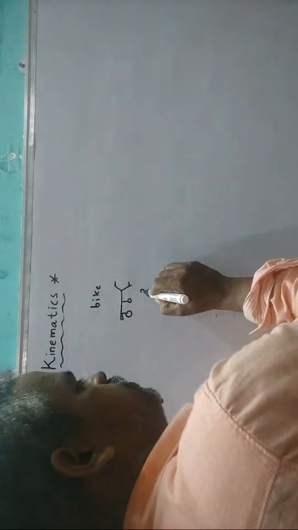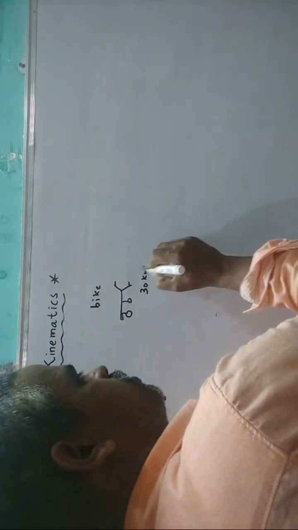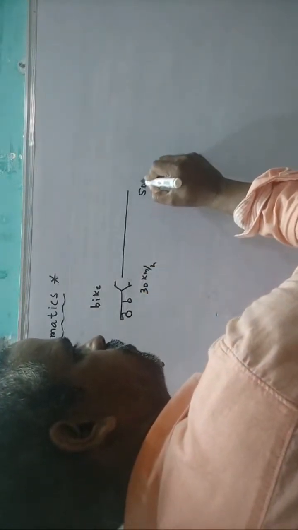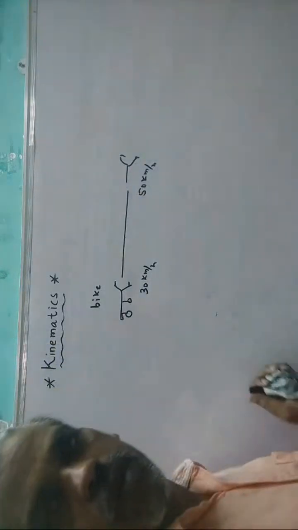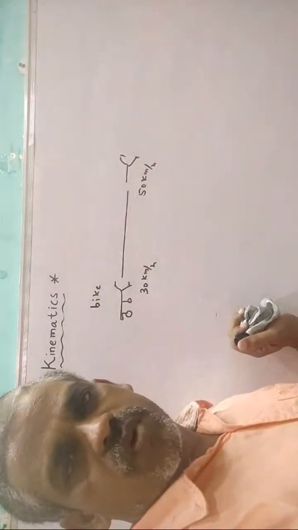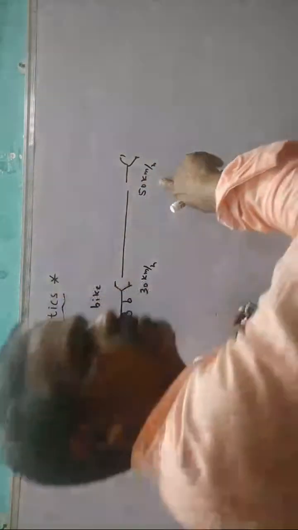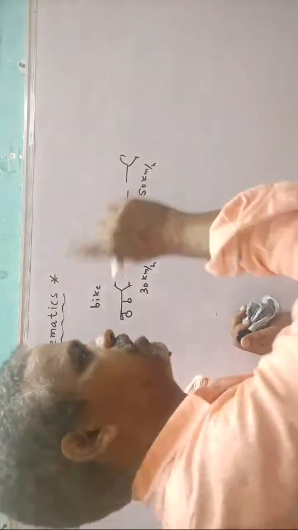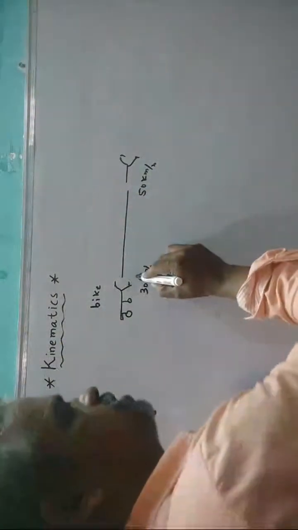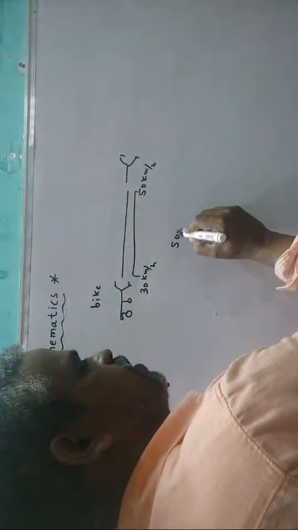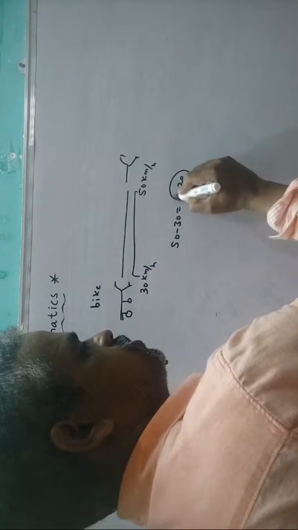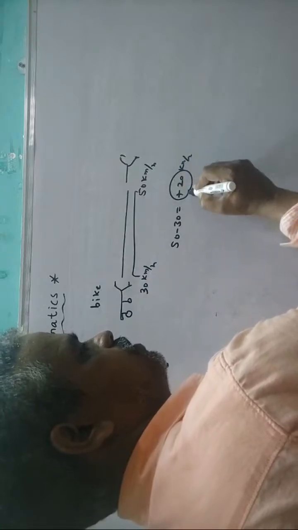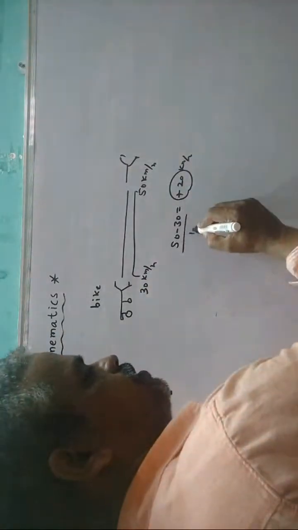It starts with 30 kilometer per hour, then increases to 50 kilometer per hour. So there is a change in velocity, that is 50 minus 30, a positive value. You are getting a positive 20 kilometer per hour increase.